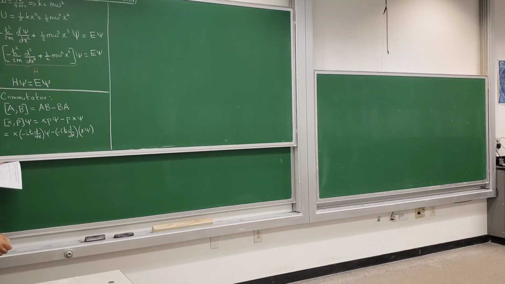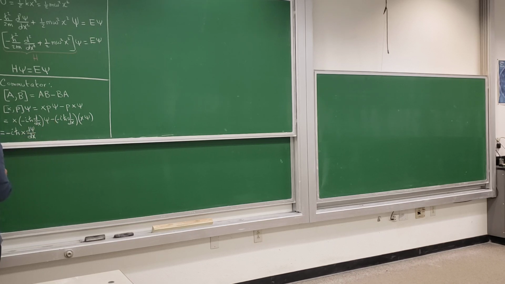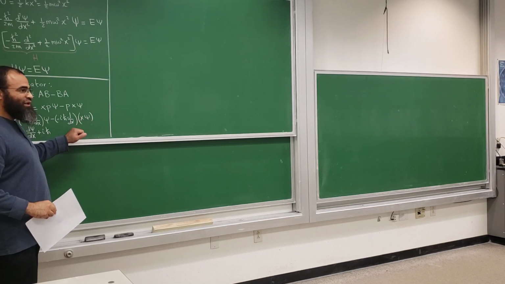I should have allowed myself a little more room than this, but let's see if we can do it here. So here I have minus i h bar, that's just a constant, and then x times d psi dx. Right, this is d psi dx. And then minus minus is plus i h bar. Now you have d dx of x times psi. You have to apply the product rule.